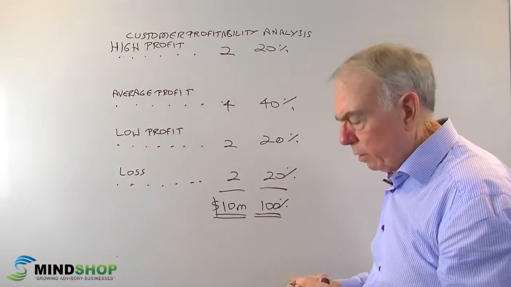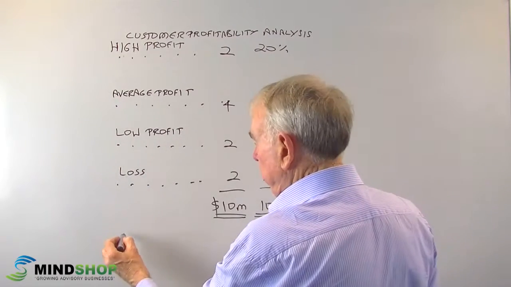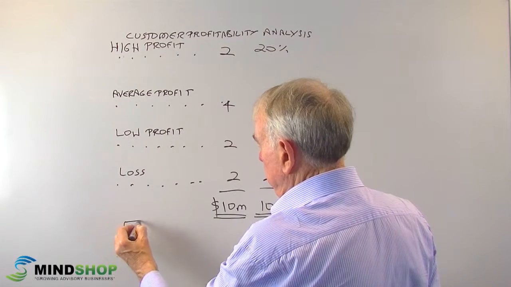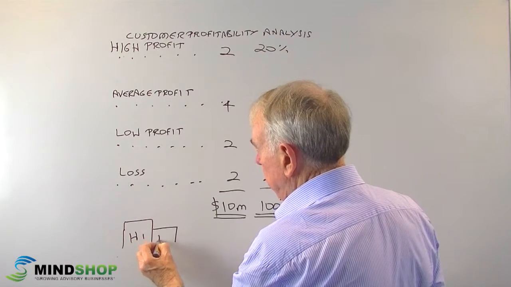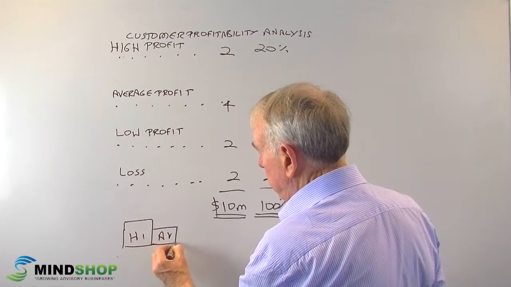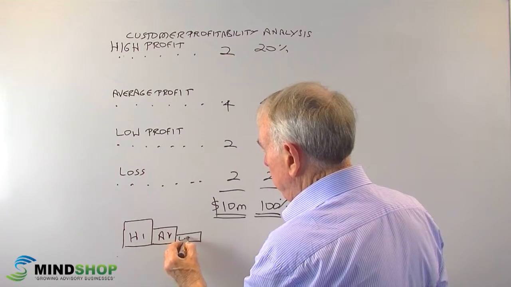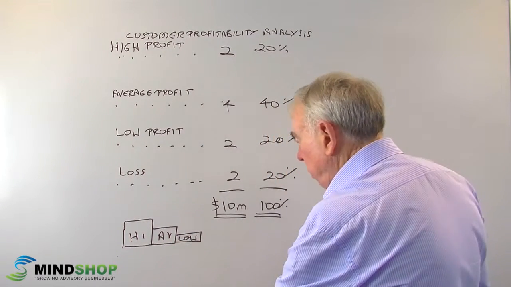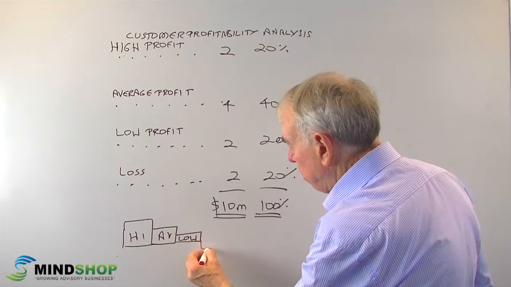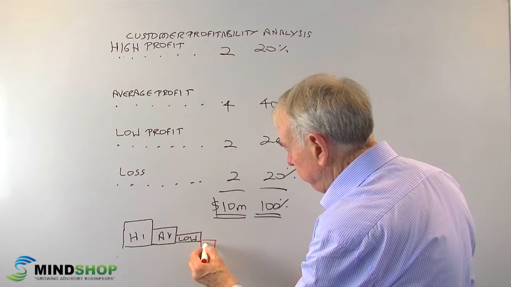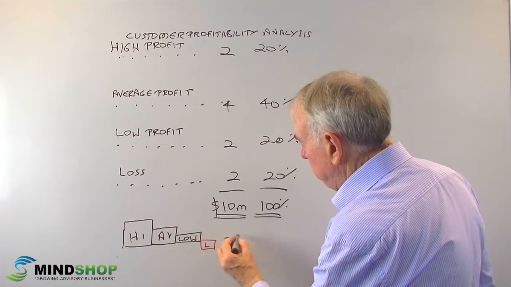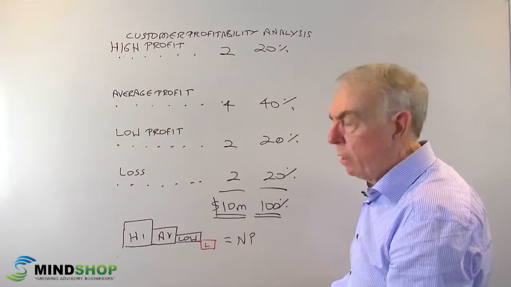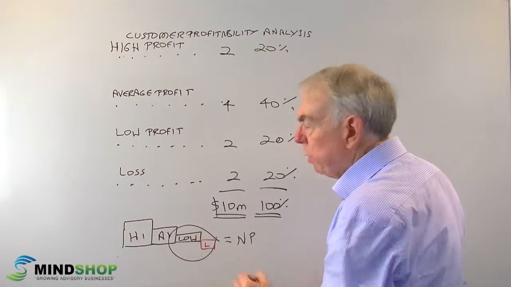So another way of looking at this is you have your high profit customers, you've got average, you've got low, and then you've got your loss. And that equals your net profit. So it might be something like that.